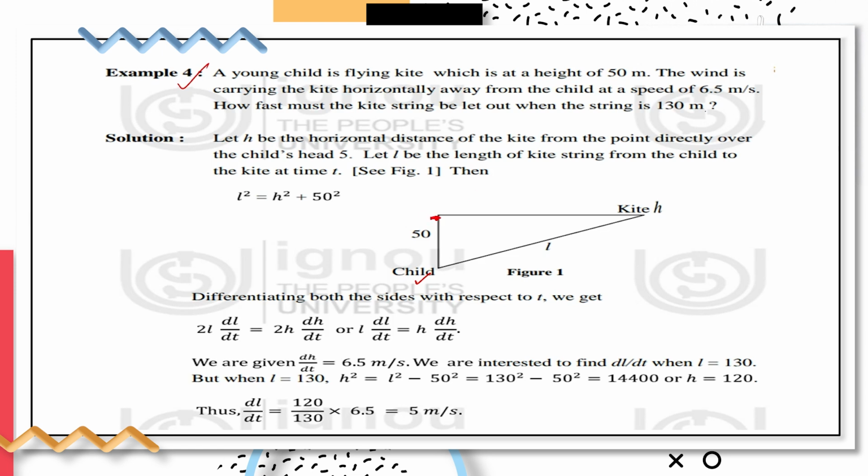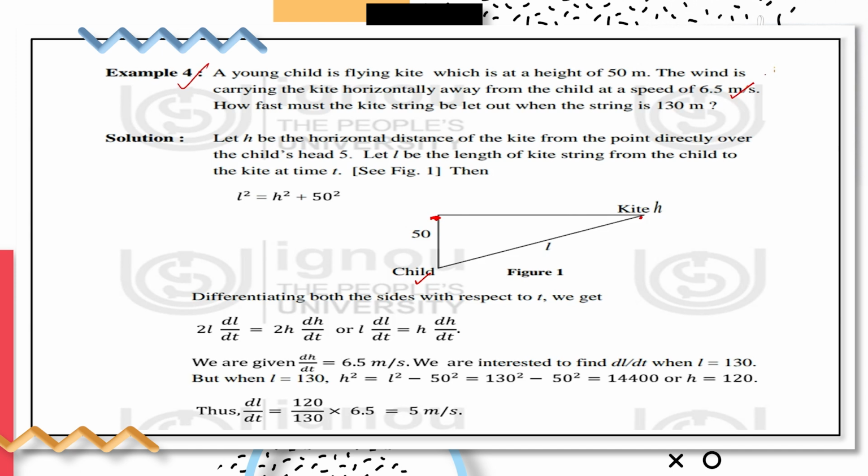The wind is carrying the kite horizontally away from the child with the speed of 6.5 meter per second.